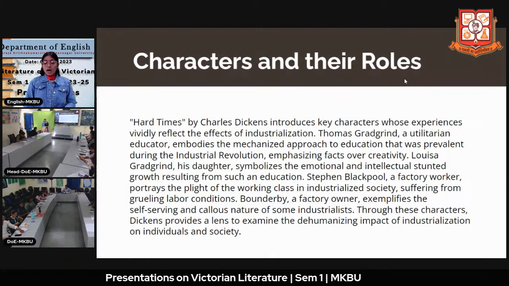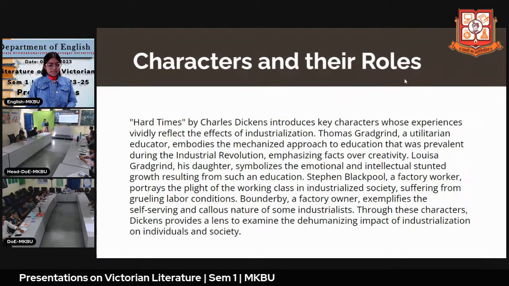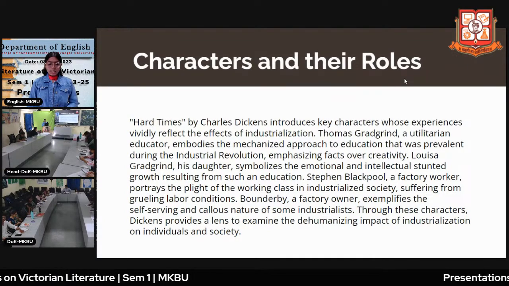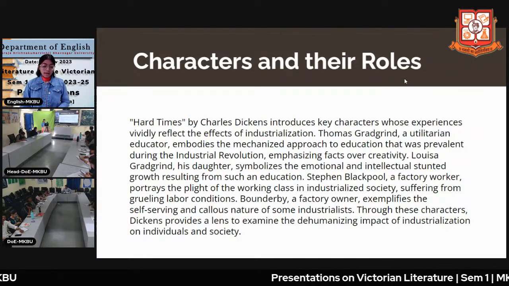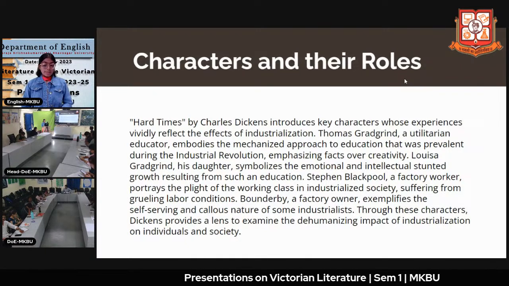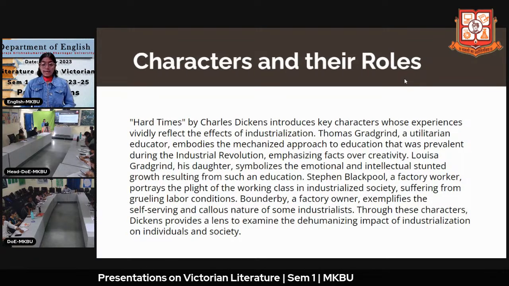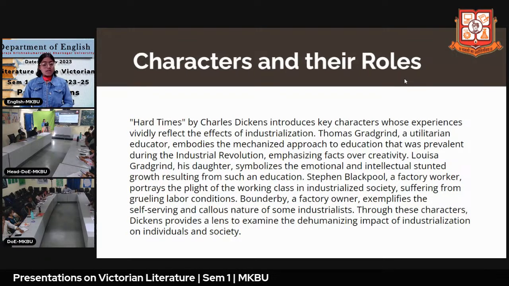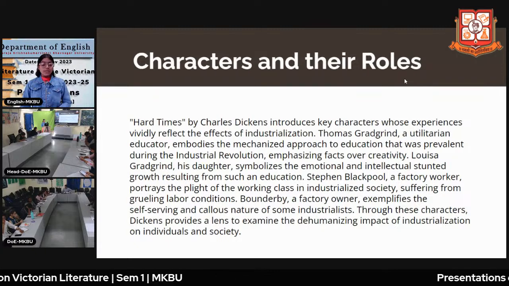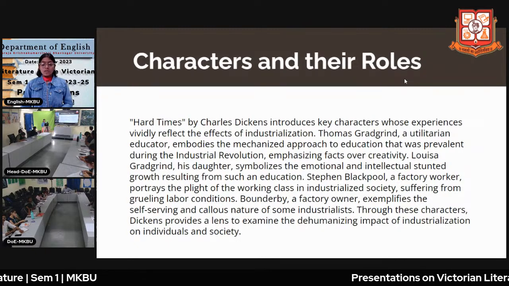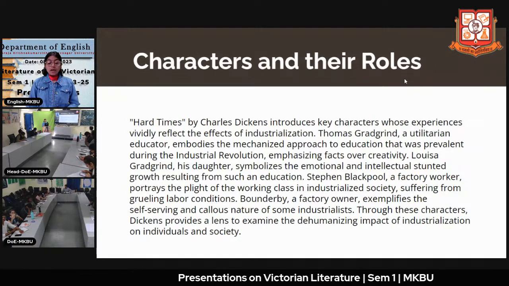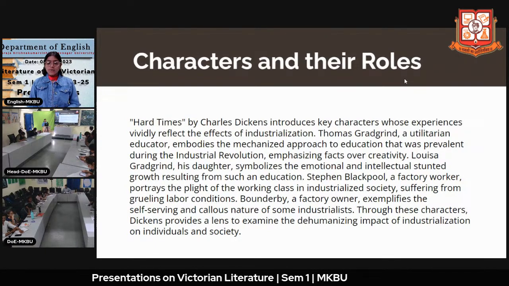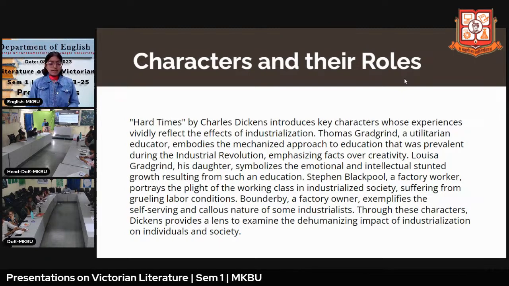Stephen Blackpool, a factory worker, portrays the plight of the working class in an industrialized society, suffering from labor conditions. Bounderby, a factory owner, exemplifies the self-serving and callous nature of some industrialists. Through these characters, Dickens provides a lens to examine the dehumanizing impact of industrialization on individuals and society.